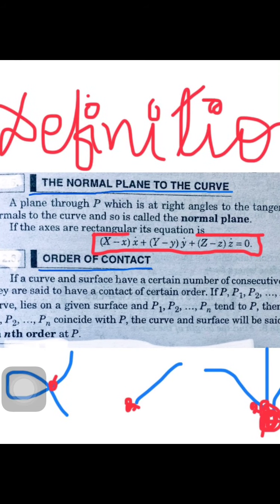Earlier, we have studied coordinate geometry. We know that tangent and normal are perpendicular to each other.